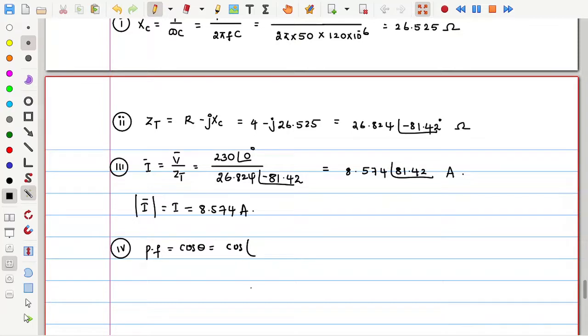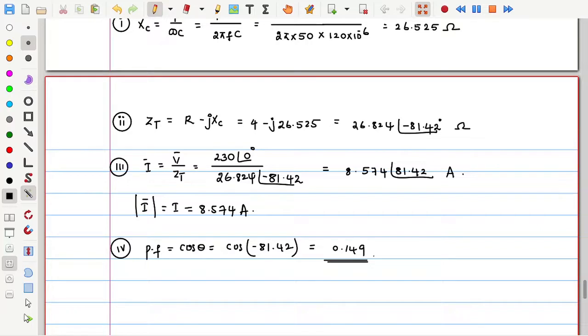How much is the impedance angle? Minus 81.42. It doesn't matter for cos whether it is plus or minus. So let me take 81.42. How much is cos of 81.42? 0.149.